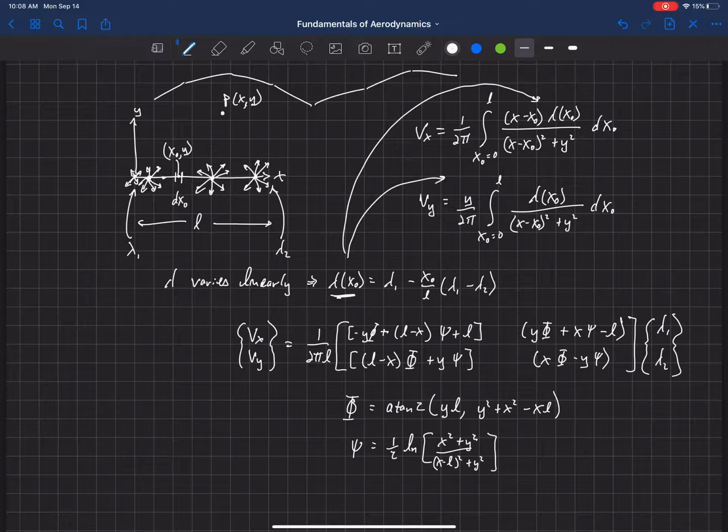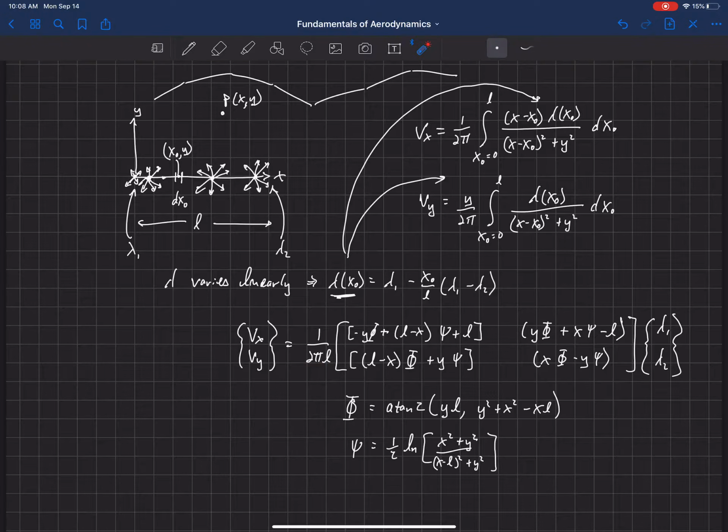Okay, so given any point P of x, y, we can now plug in the x and y down here, get a phi and a psi, and plug those into this matrix. If we know the strengths lambda 1 and lambda 2, the velocities Vx and Vy are directly proportional to those two, and the proportionality constant is this matrix with the constant 1 over 2 pi L out front.